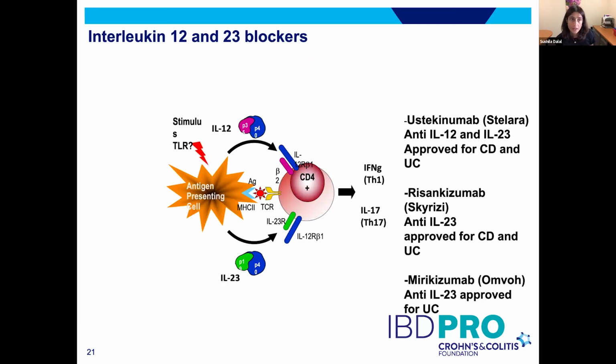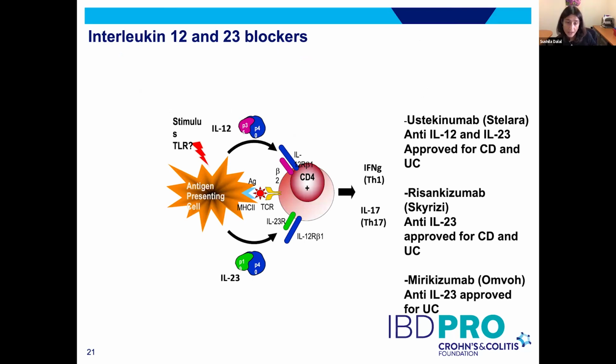Okay. Moving on then to interleukin 12 and 23 blockers. The interleukin 12 and 23 blocker that we have is ustekinumab or Stelara. We've had that for many years for Crohn's disease and ulcerative colitis. To review, that's given as a one-time IV infusion and then a shot every 8 weeks.